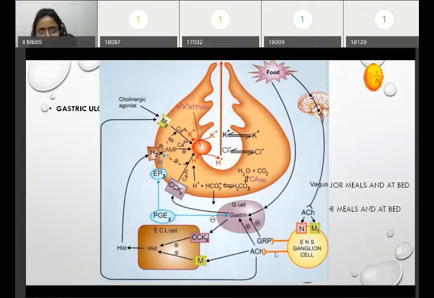Third is acetylcholine, released from the enteric nervous system. It acts on muscarinic receptors first on the enterochromaffin cells, which increases histamine release, and thus acid secretion is increased. These are the three basic stimuli for increasing acid secretion in the GI mucosa.